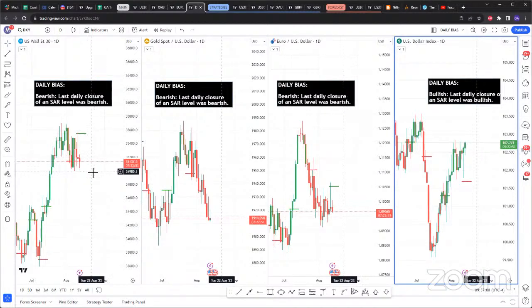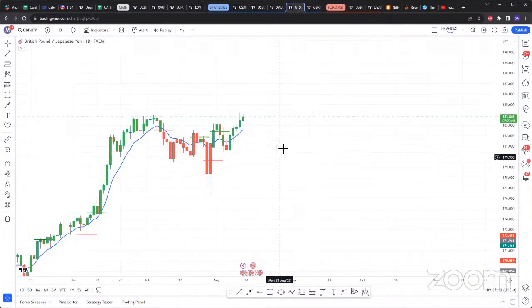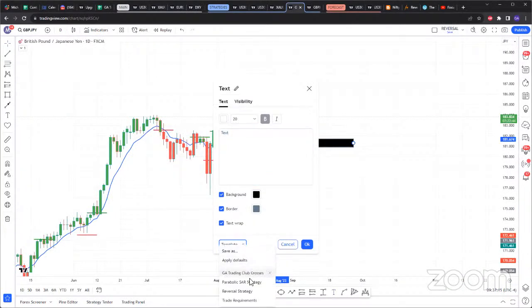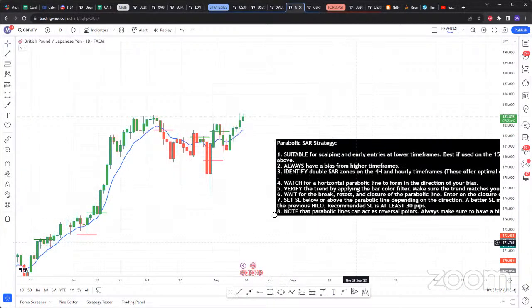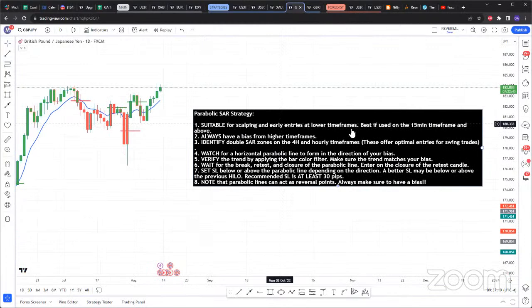I'll put the strategy up here for the parabolic SAR strategy, which is suitable for scalping and early entries on the lower time frames. But requirement number 2 is to always have a bias from a higher time frame, so 1 hour and above.